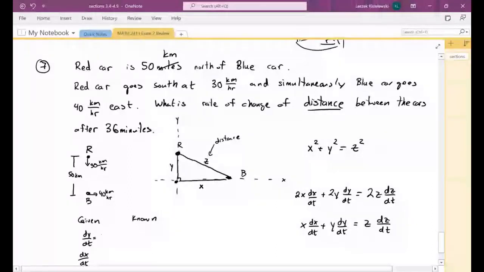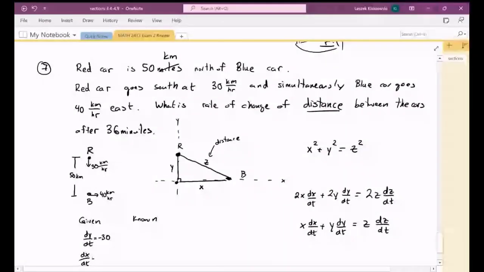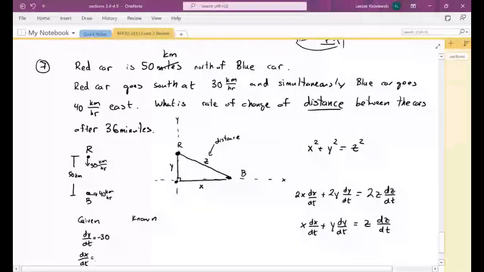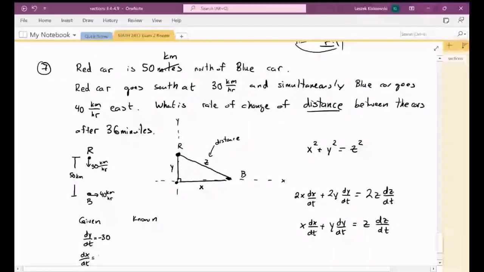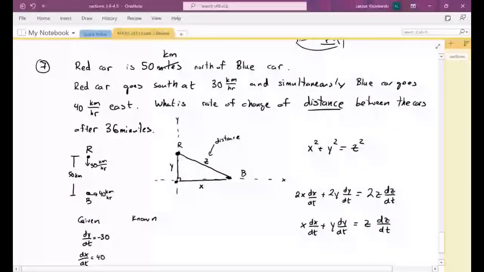It's negative 30, sorry. Right, y is decreasing. So it's kind of like your typical slipping ladder problem, which they love so much. And then dx/dt, x is increasing, so it'll be a positive 40 for that rate.